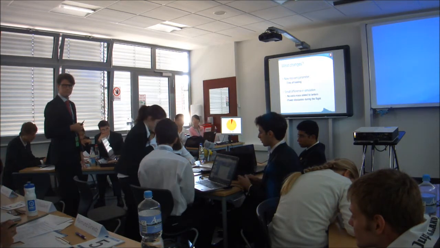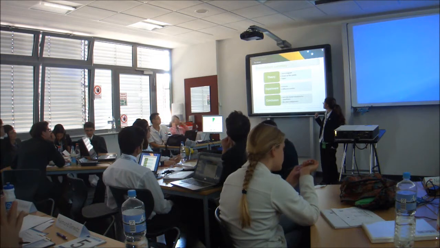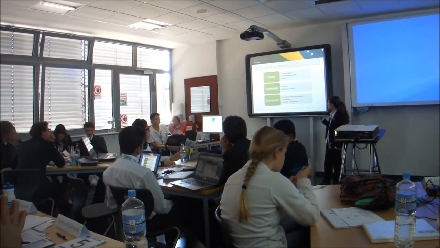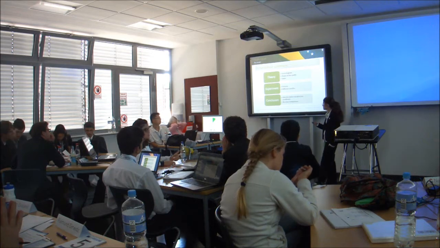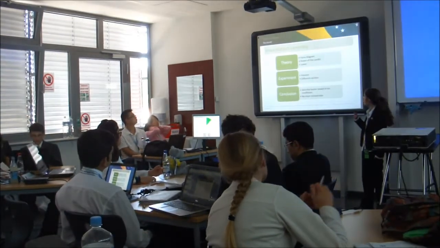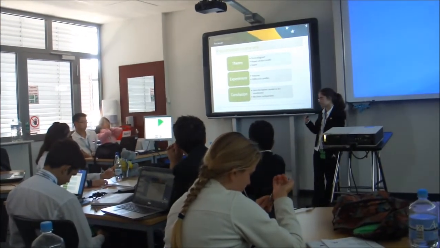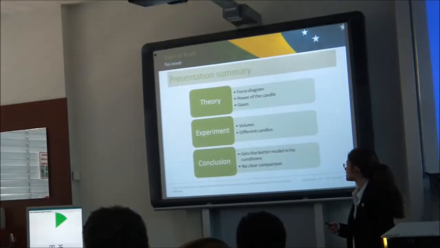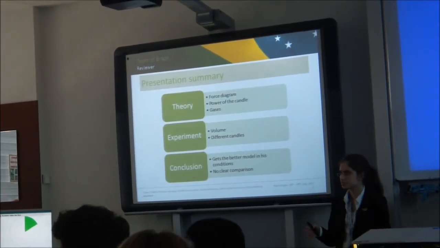Thank you. Summary of their explanation. They draw a force diagram, the power source of the candle, and they talk about the ideal cases for approximation. In the experiment, they vary the volume and different candles, modifying the task. And in conclusion, they get the better model in their conditions.